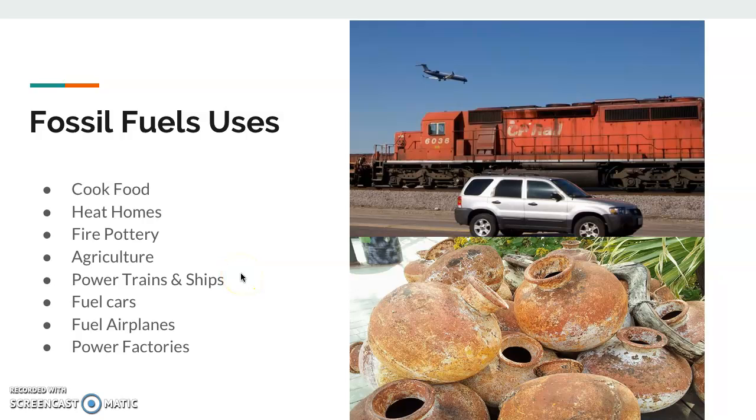You've got to cook food, heat homes, fire pottery, which is what I got a picture of right there, agriculture, power trains and ships, fuel cars, airplanes, and power factories as well. Not all of them are powered by one specific fossil fuel; it's by the top three, I'm pretty sure. Each of them has its own mix of uses, and these are just some of the main uses of our fossil fuels and the ones we consider most important.